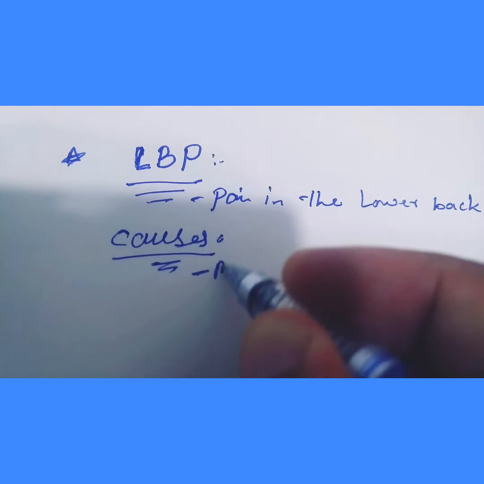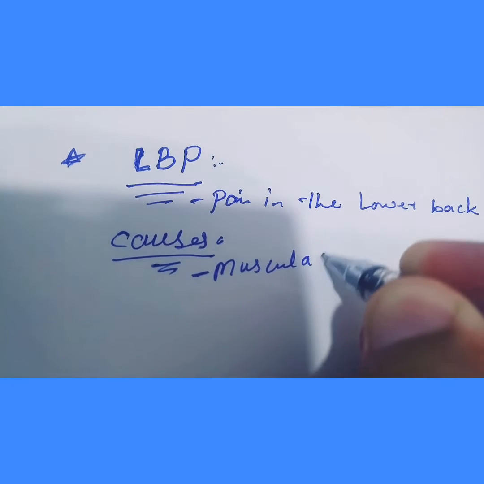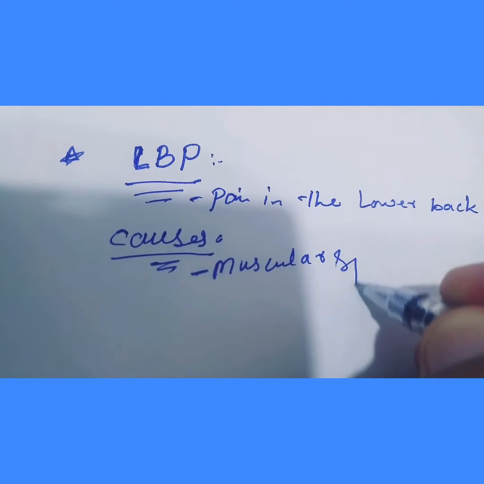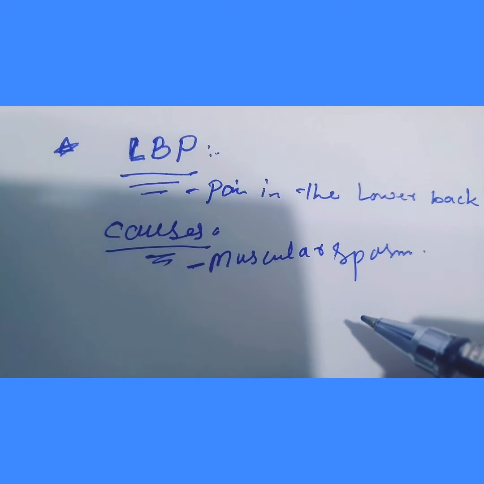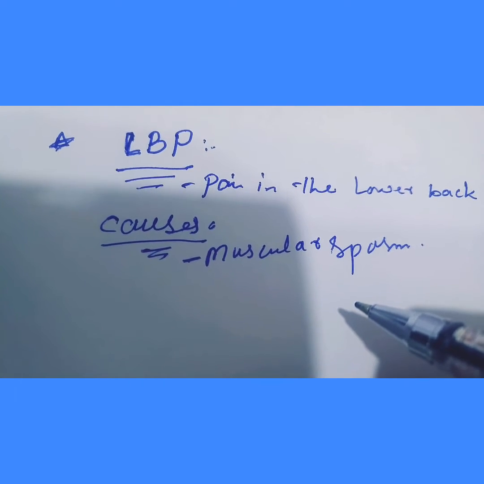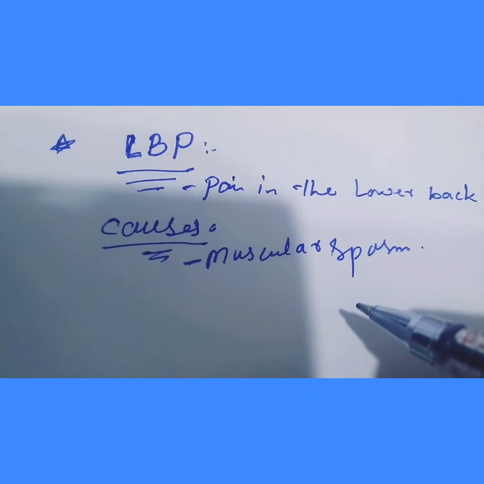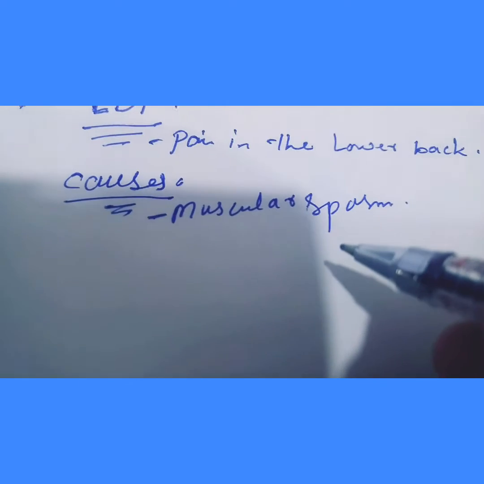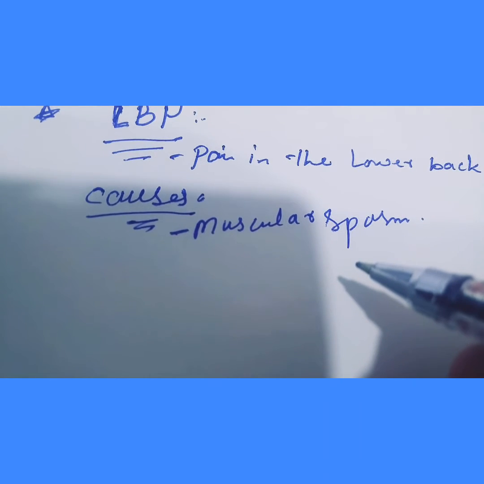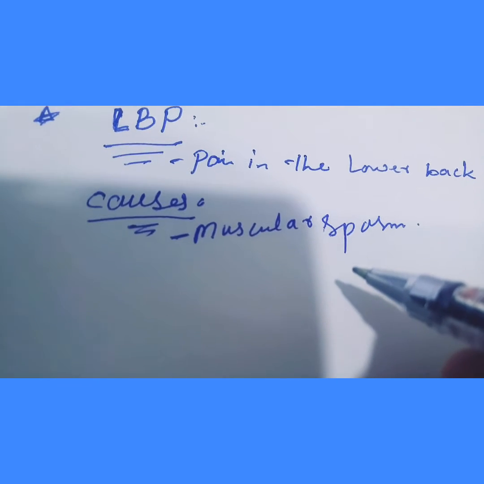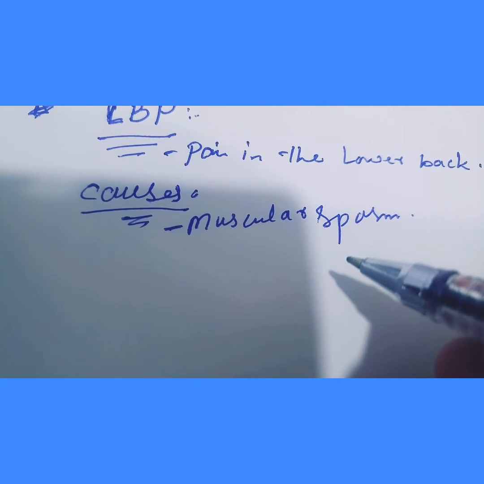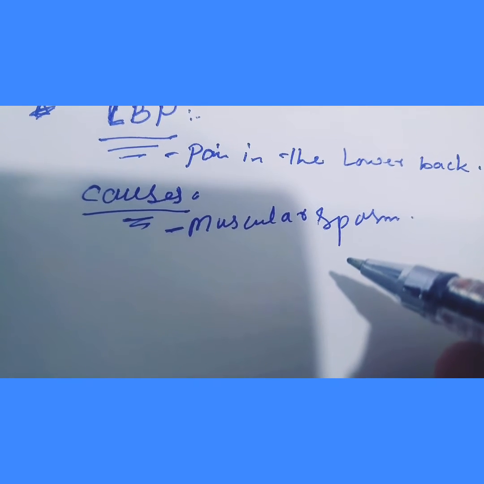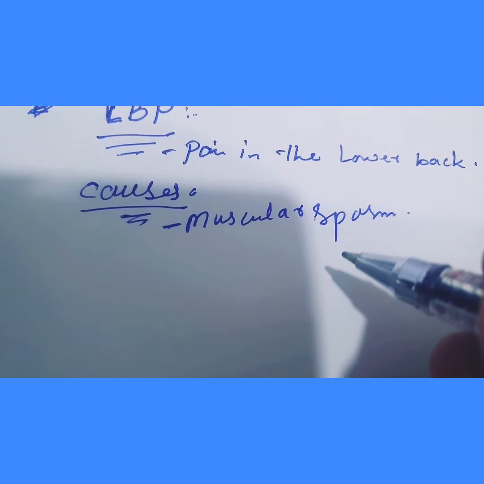it may be a muscular cause, muscular spasm, which can cause low back pain. The muscular spasm can be due to any back posture in which the lumbar is not supported while sitting, or can be due to prolonged standing.